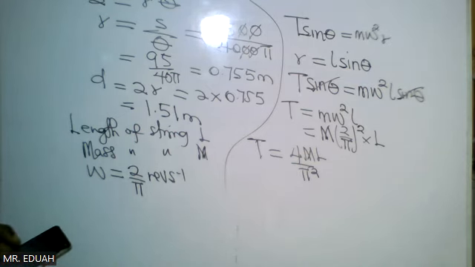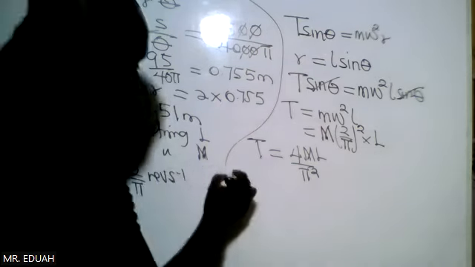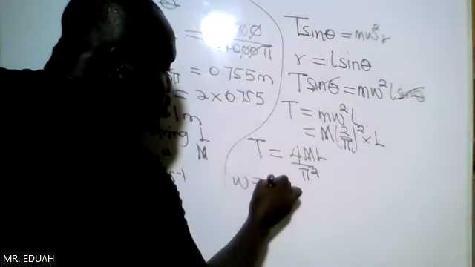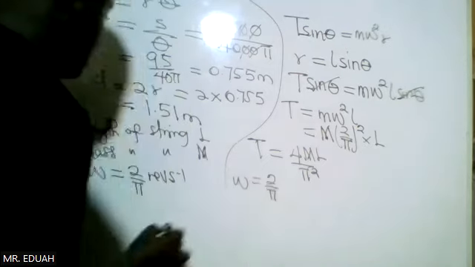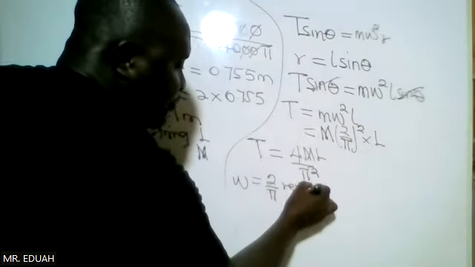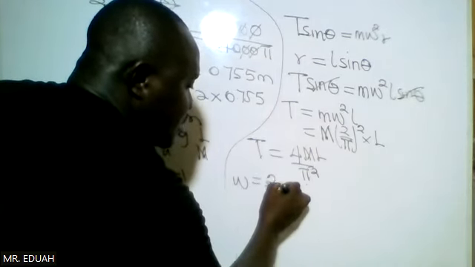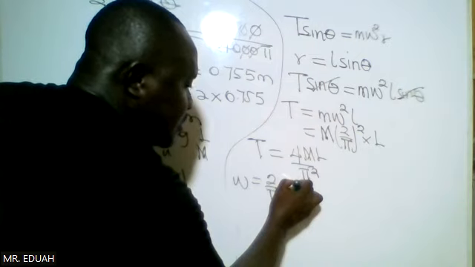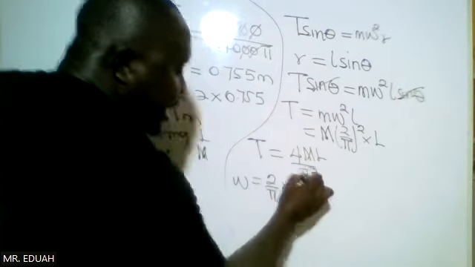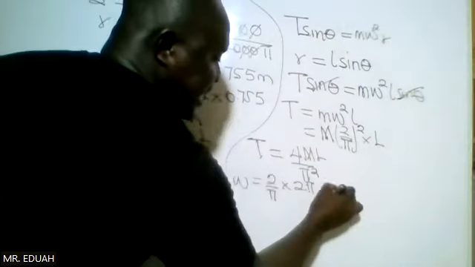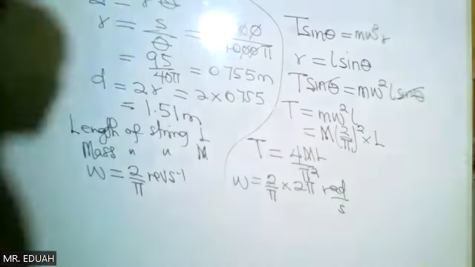But let's convert, because the possible answers there aren't in this form. So if we have angular velocity of 2 over pi rev per second, this will be equal to that times 2 pi radian per second.